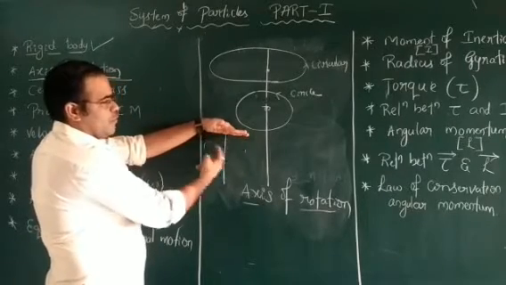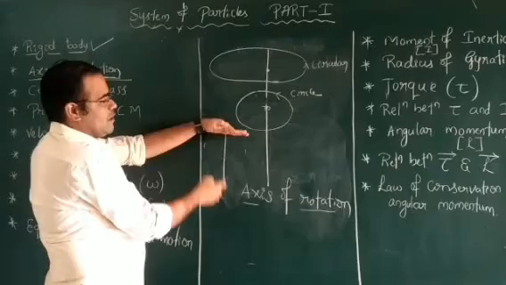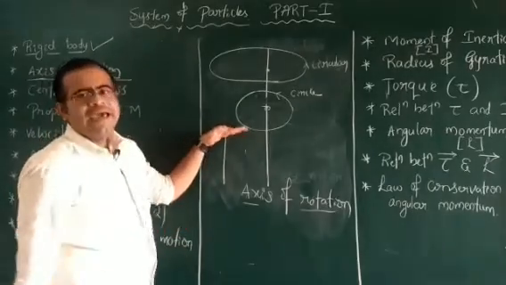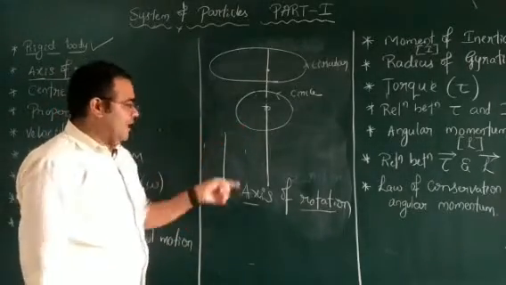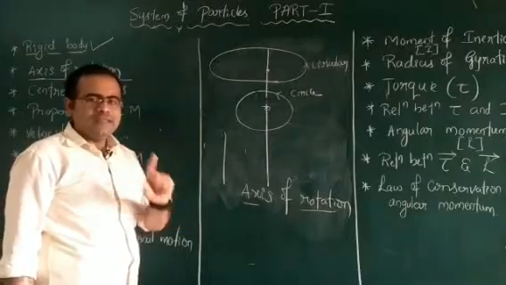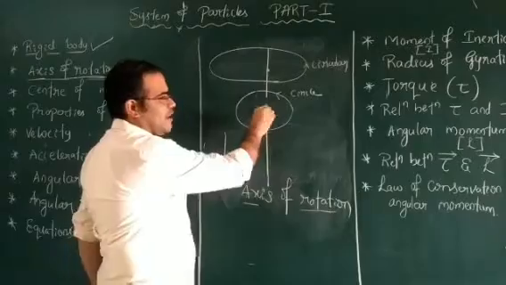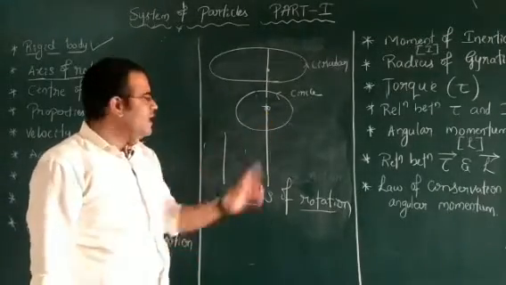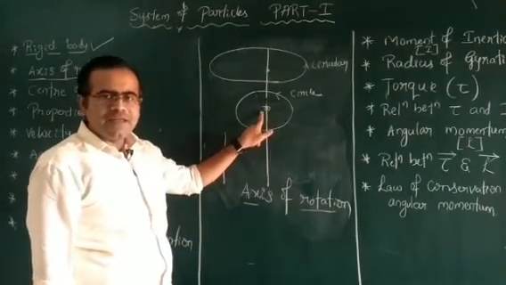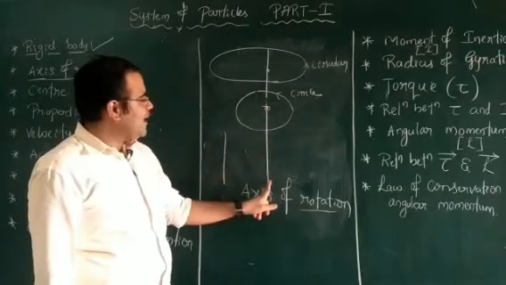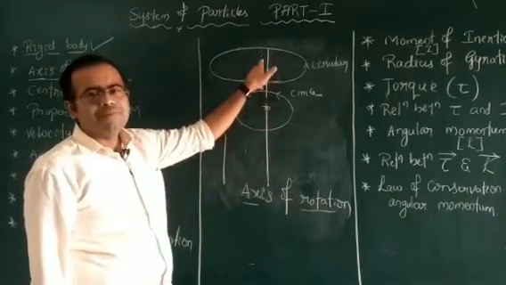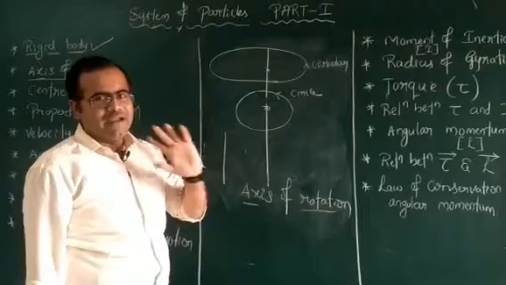So it should rotate in a particular plane which is perpendicular to what here? The axis of rotation. Next, while rotating, the condition is that the center of the circular path of each particle must be present on the axis of rotation. So this is a second condition.